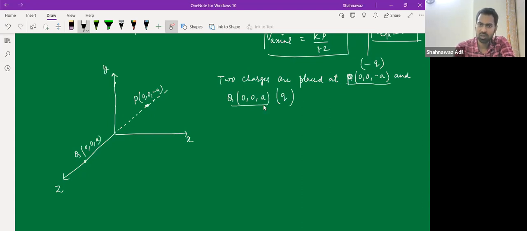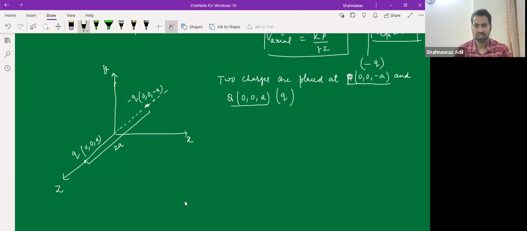This is charge Q, and this is charge minus Q. So what is this distance? This is a, this is again a, so 2a, right? So this is 2a.